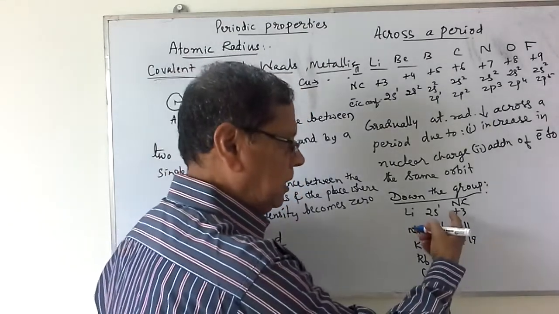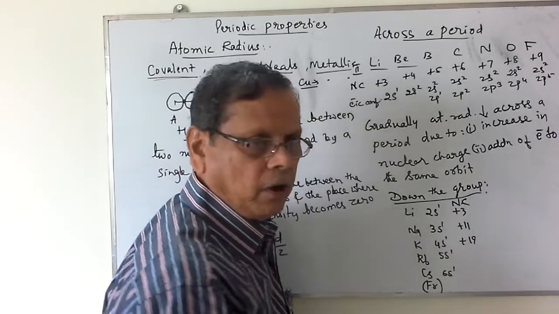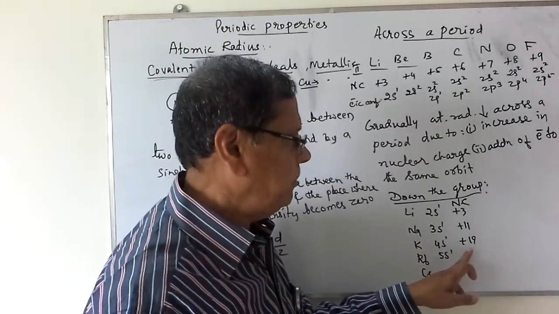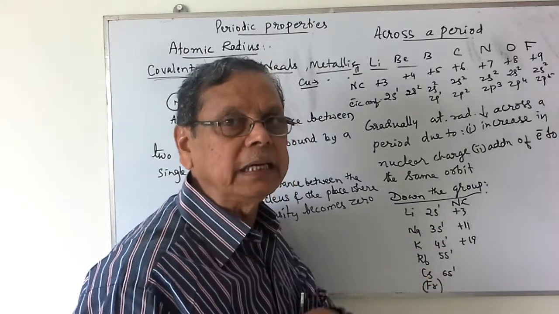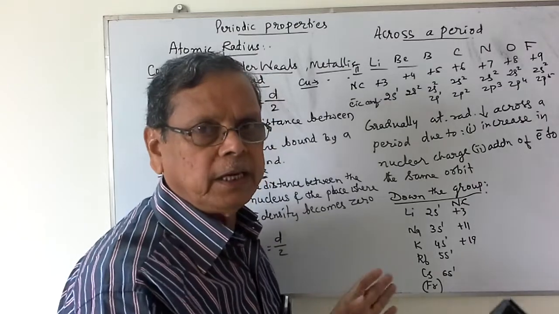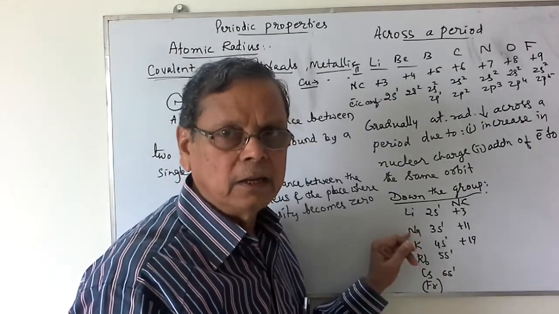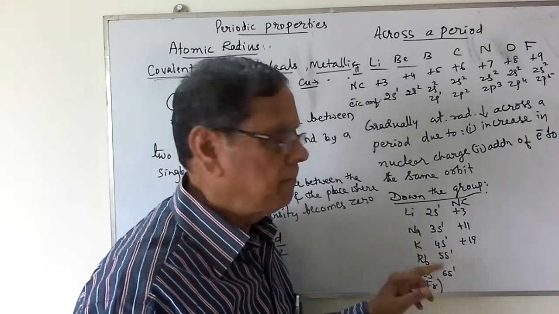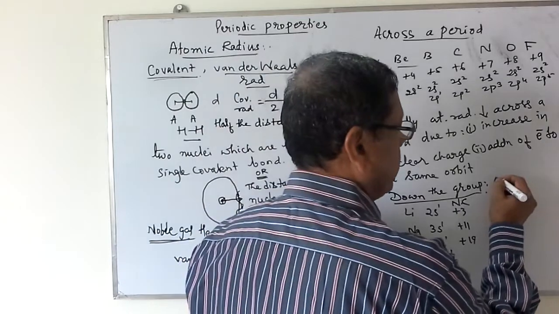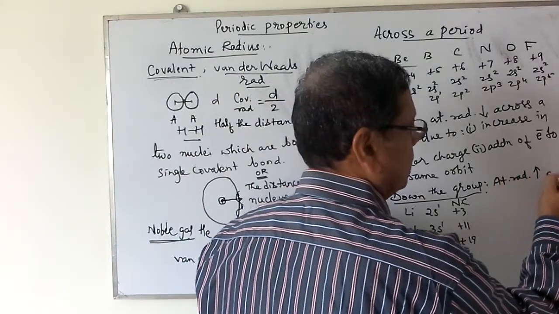When we consider the increase in the nuclear charge and also addition of the electron to the newer orbit, attraction between the nuclear charge and the outermost electron gradually decreases. Because the distance between the nucleus and the outer electron goes on increasing, the attraction between the nuclear charge and the electron decreases. That's why down the group, atomic radius increases.